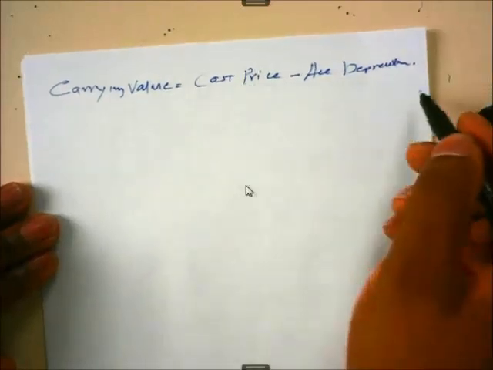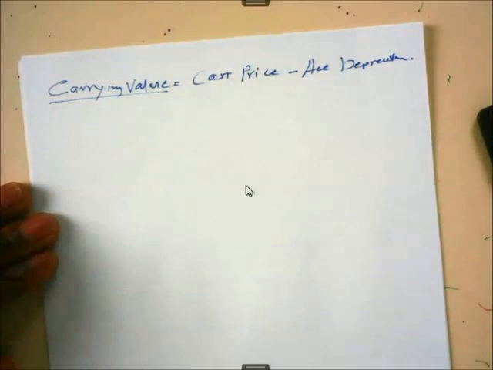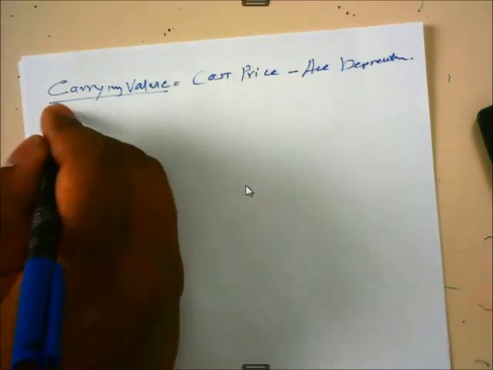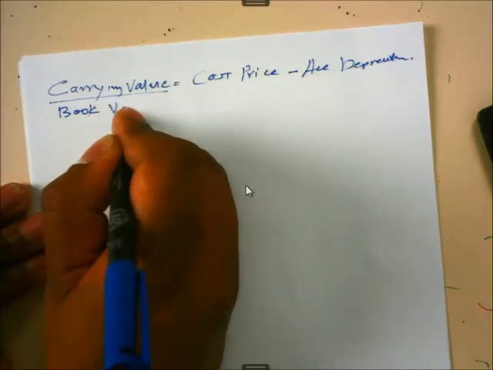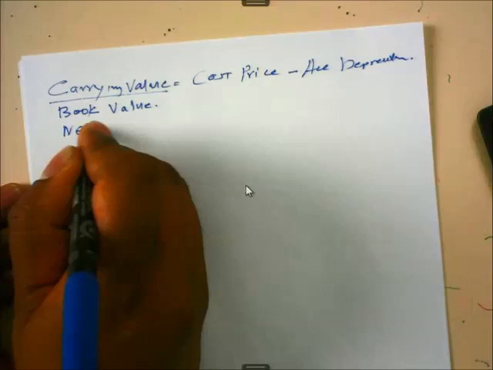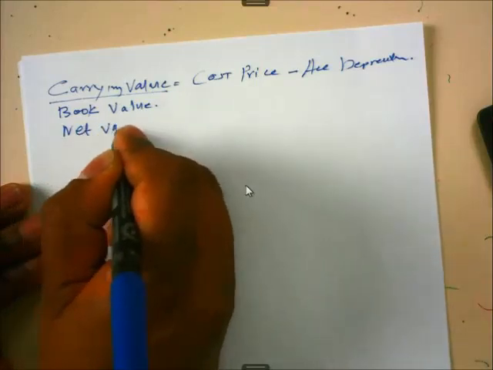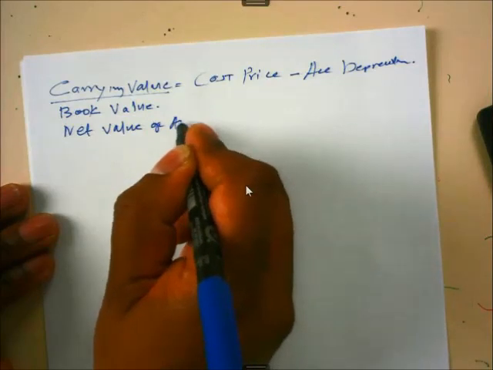Cost price minus accumulated depreciation will give you your carrying value. This is actually your book value. This is the net worth or the net value of an asset.